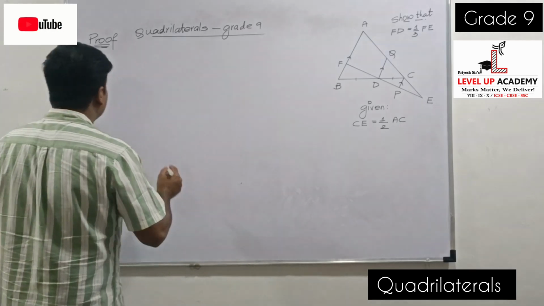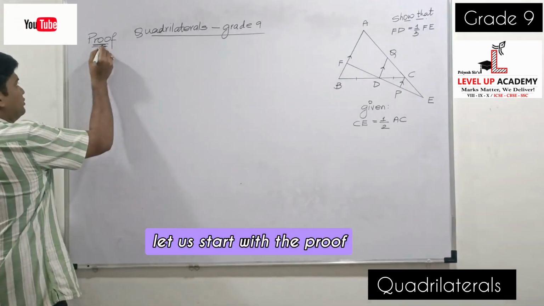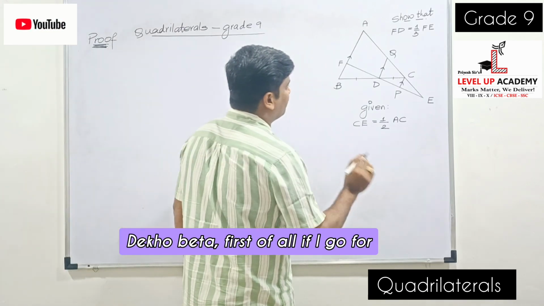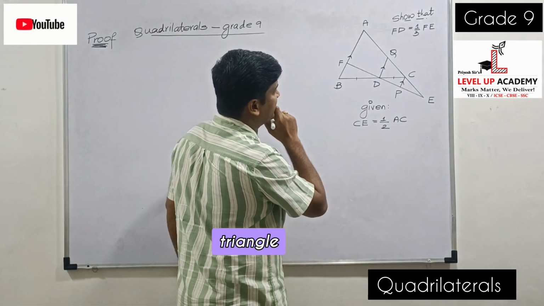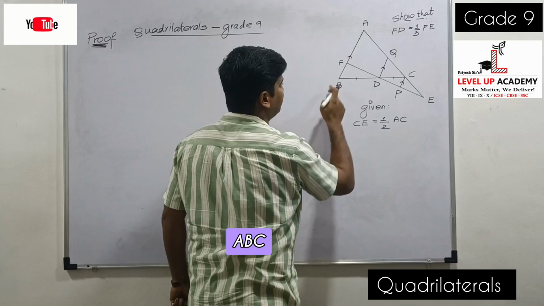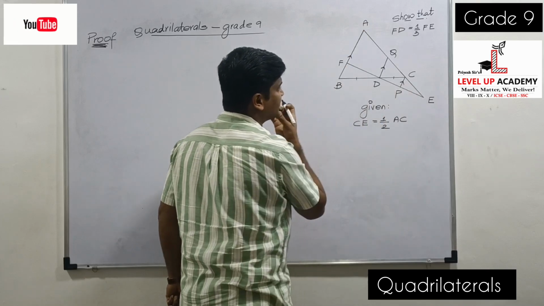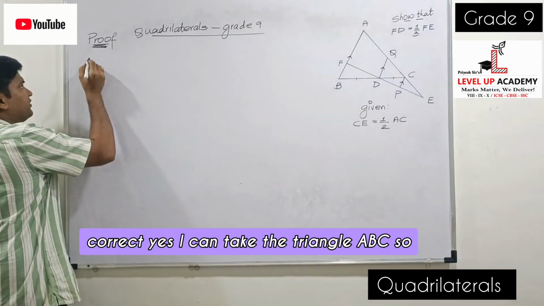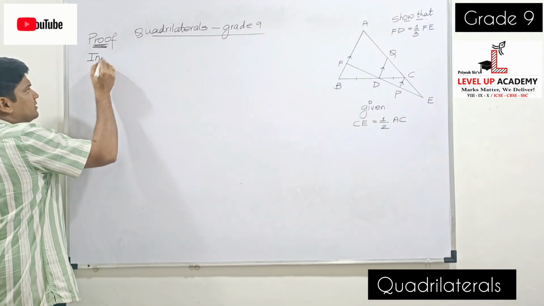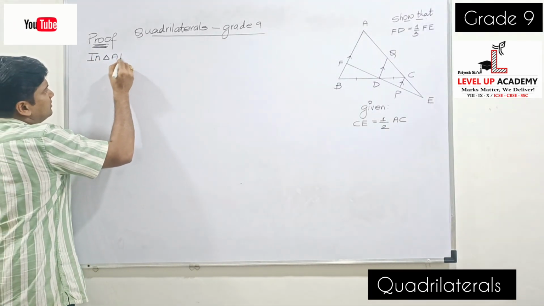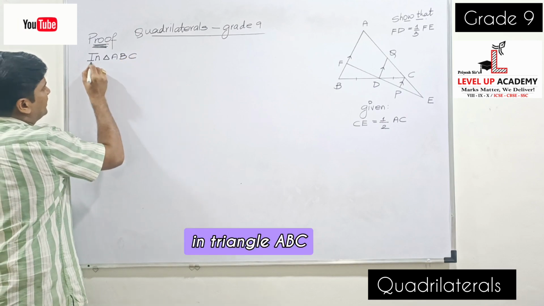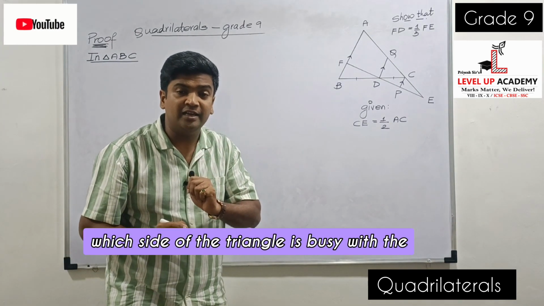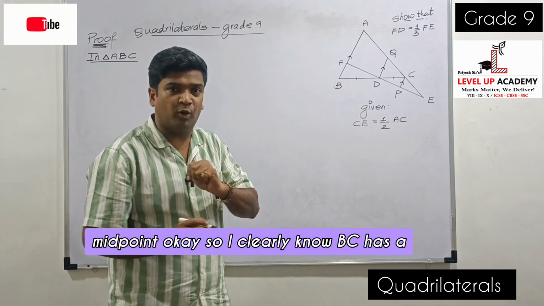Okay, so let us start with the proof. देखो बेटा, first of all, if I go for triangle ABC, correct? Yes, I can take the triangle ABC. So if I start in triangle ABC, you have to find out which side of the triangle is busy with the midpoint.